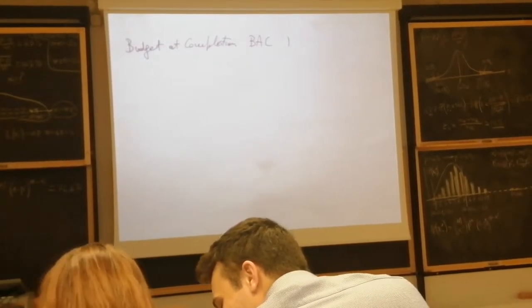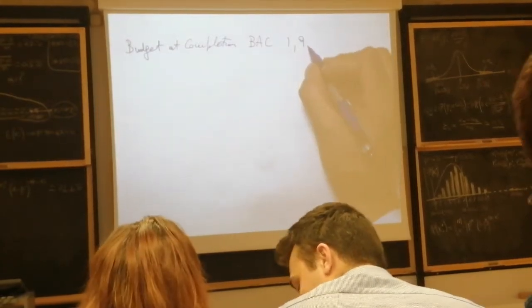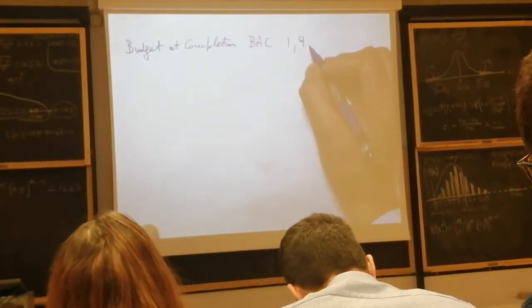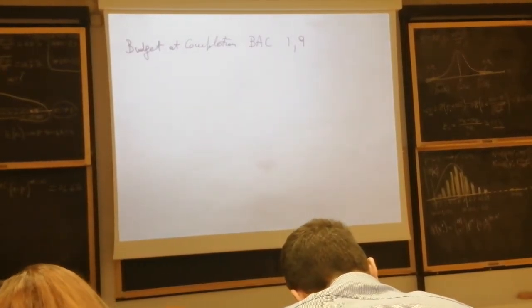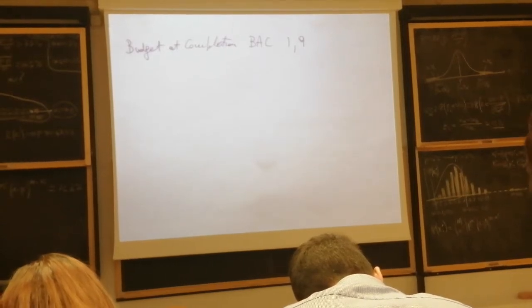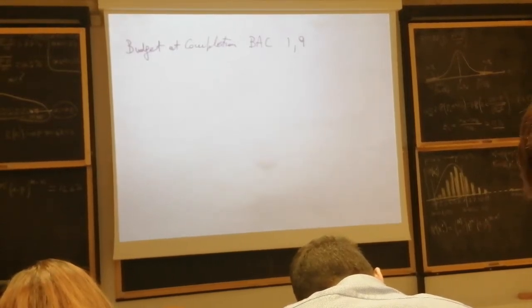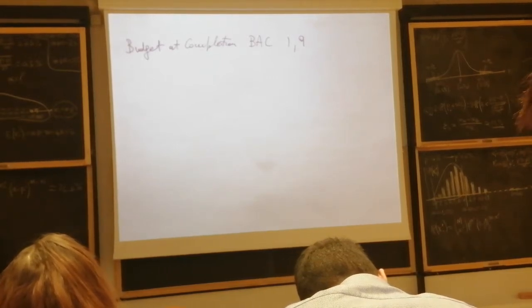Can you compute the total budget? 1,900,000 and 900 and here the total. 1,900,000.